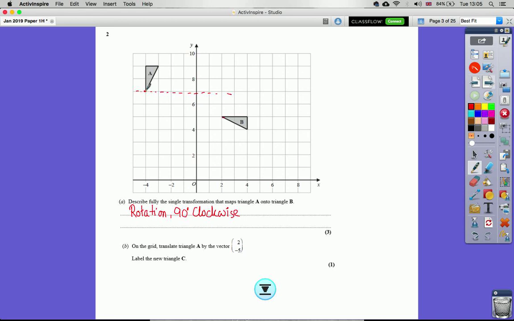So the center of rotation will be somewhere along this line. So we'll take 2 units across, and somewhere around this line the center of rotation is going to be. So how many units is this point away from this vertical line? 4 units. So I will go 2 units across and 4 units down, and that will be your center of rotation.